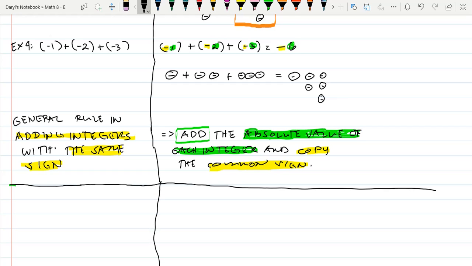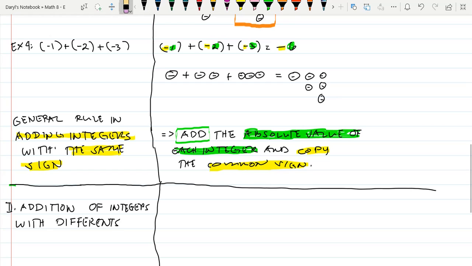So again, in this particular section, this would be addition of integers with different signs.